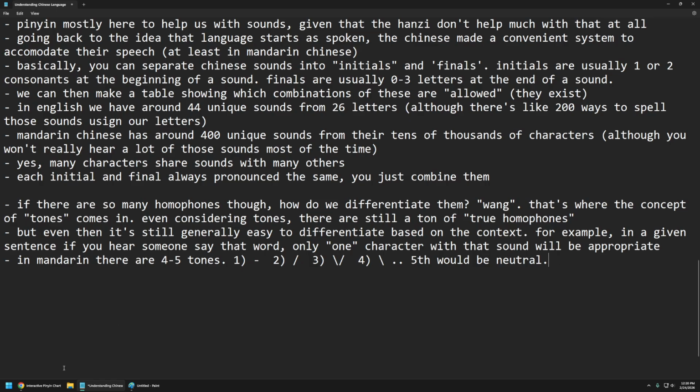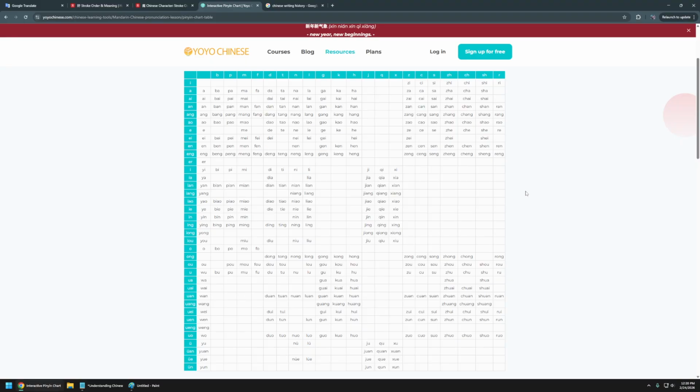And any of the sounds that we've seen here, you could put each of those tones on each one. So that's where the 400 comes from. Or actually, I think there's even more than that if you apply the tones. But anyways, point is each sound can have the tones applied to it.